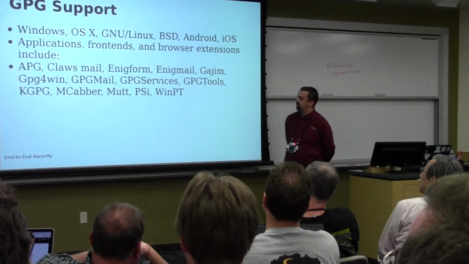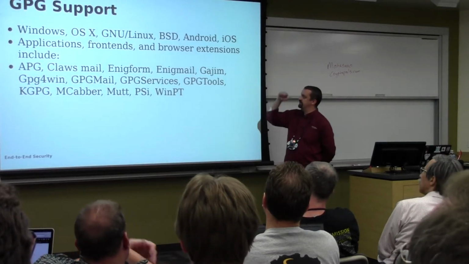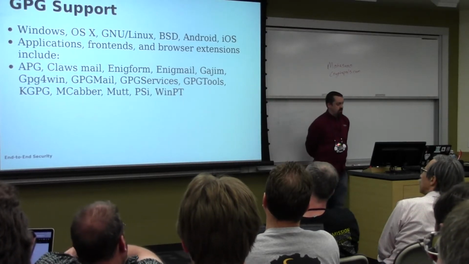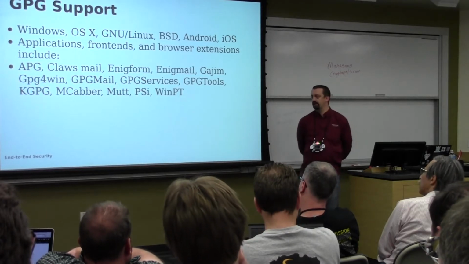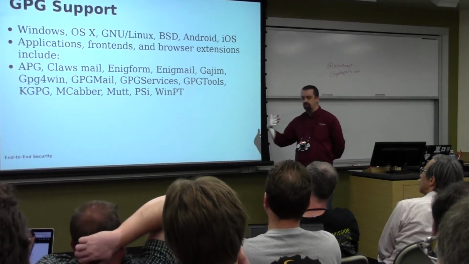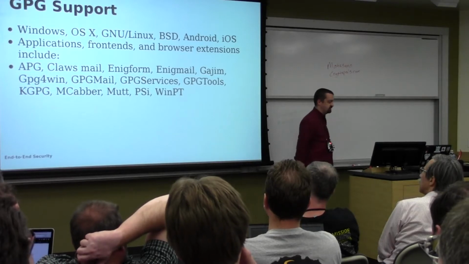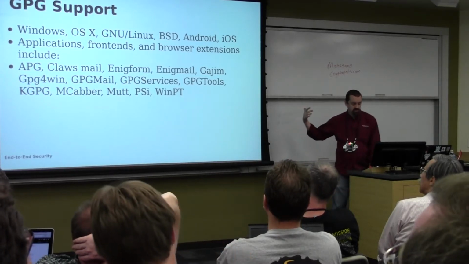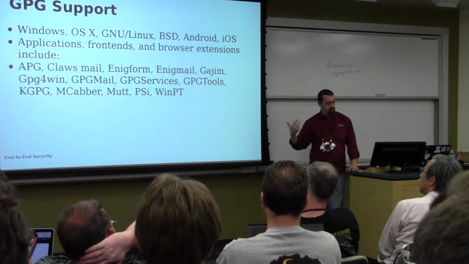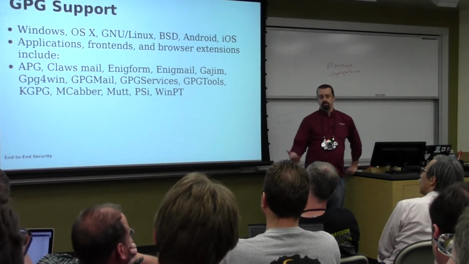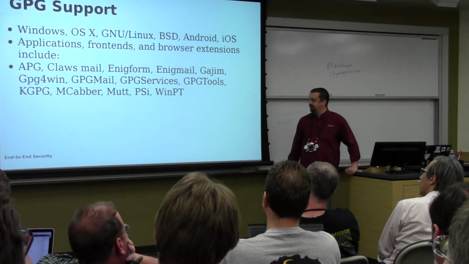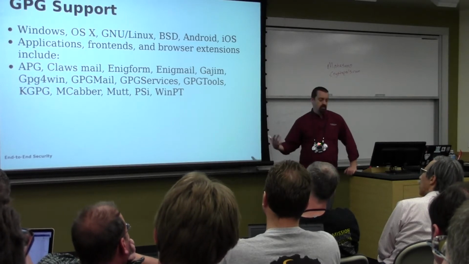GPG has support on Windows, OS X, GNU/Linux, BSD, Android, iOS. There are all sorts of third-party GUI front ends, right? There's KGPG, there's GPA, there's GPG Tools for Mac, GPG4Win for Windows. Mutt supports GPG natively. Mutt is a text-based mail client, and so on and so forth.